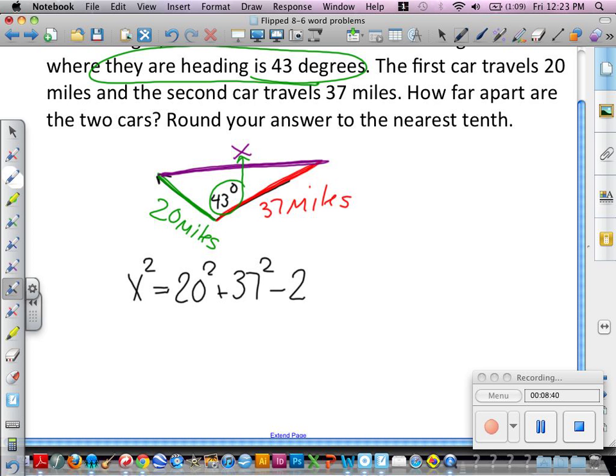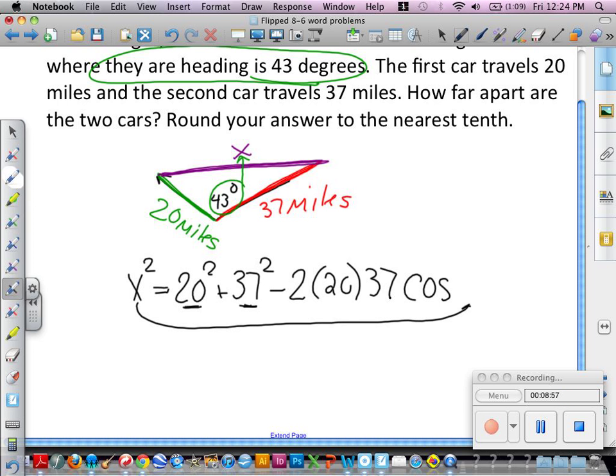It's part of the equation. Then the two things that are times by the 2 are the two sides that you have used on the same side of the equation. So I need the 20 and the 37. And then cosine. Remember, the angle is the angle across from the x. So across from the x is 43 degrees.